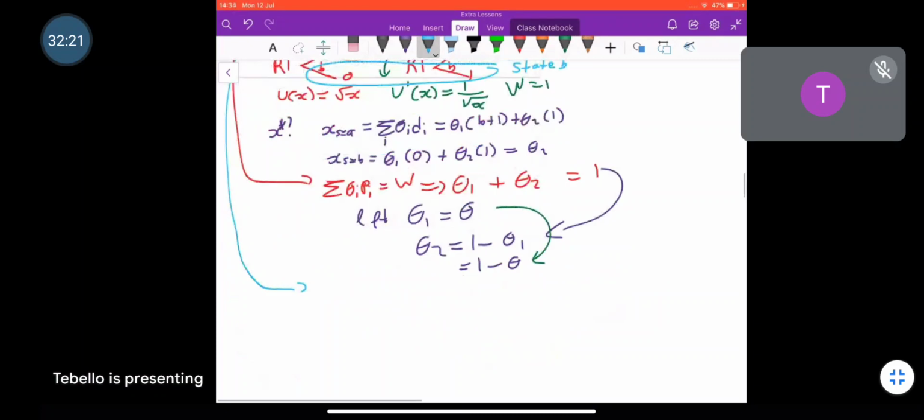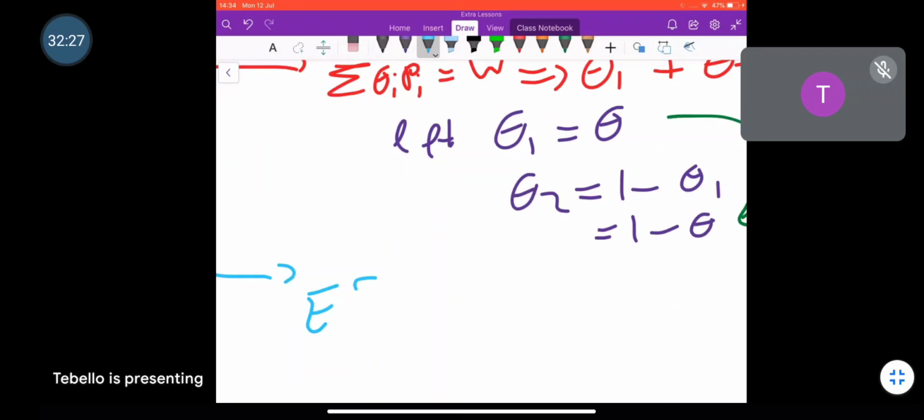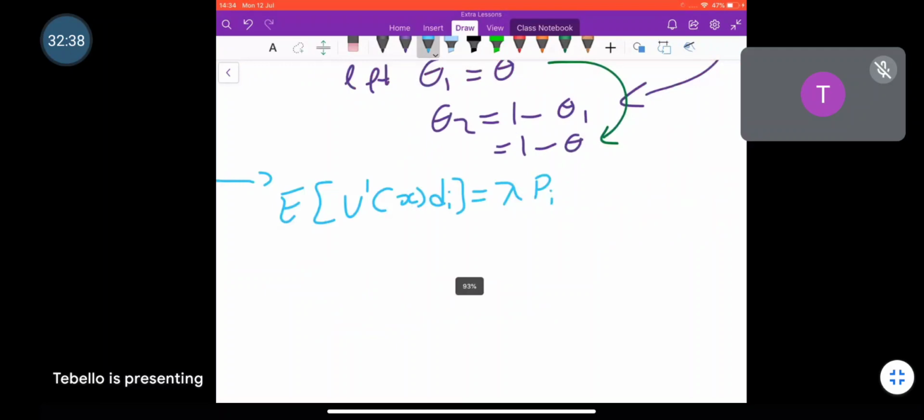where they say you are trying to find the expectation of the first derivative of x payout equals lambda times the price of security i for all i's.